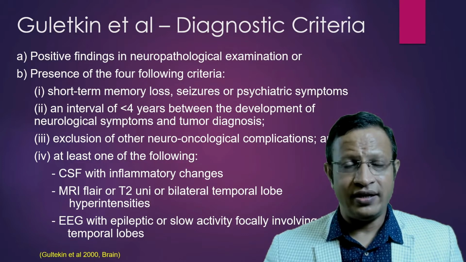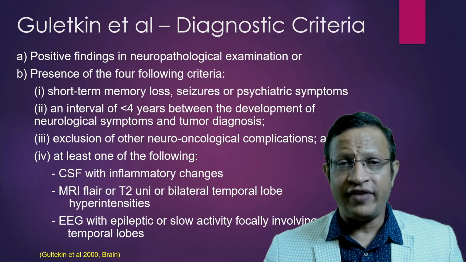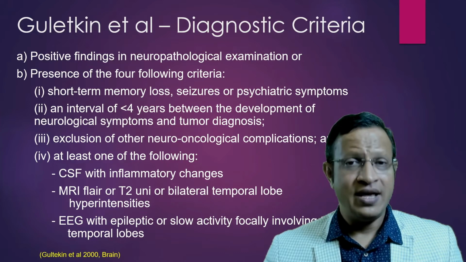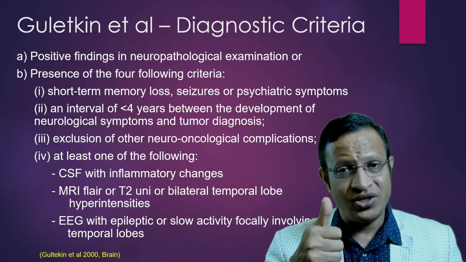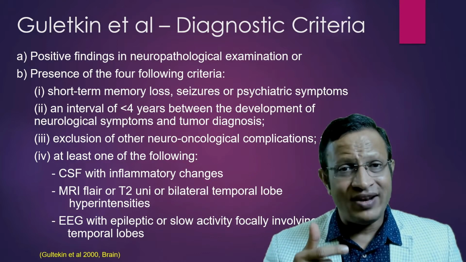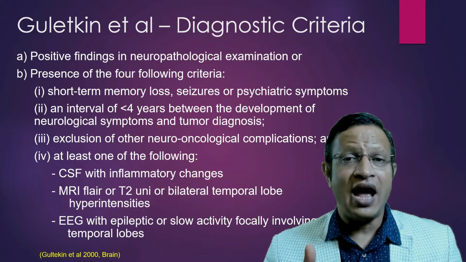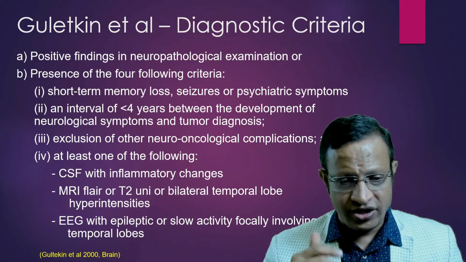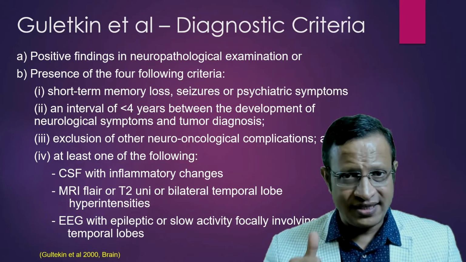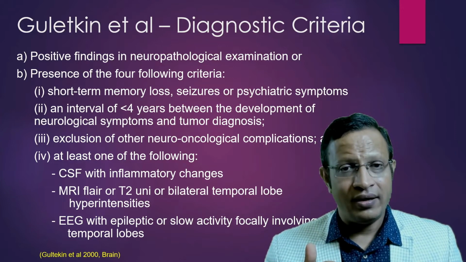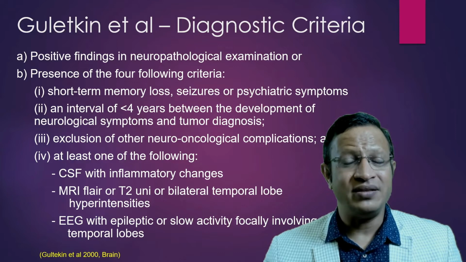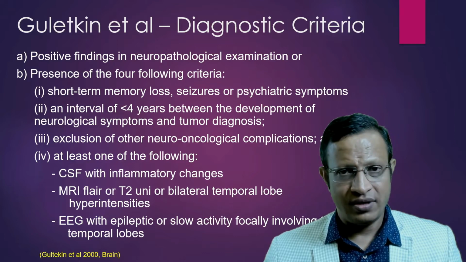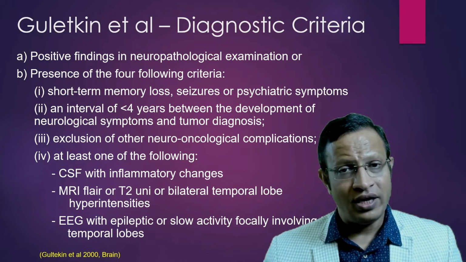The Gultekin diagnostic criteria of limbic encephalitis talk about a positive finding in neuropathological examination or the presence of the 4 following criteria: short-term memory loss, seizure or psychiatric symptoms, an interval of less than 4 years between the development of neurological symptoms and tumor diagnosis, that is cancer diagnosis, exclusion of other neurological complications, and at least one of the following: CSF with inflammatory changes, MRI with hyperintensities seen especially in the bilateral temporal lobes, EEG with epileptic or slow activities found in the temporal lobes. This was the first criteria which talked about limbic encephalitis.